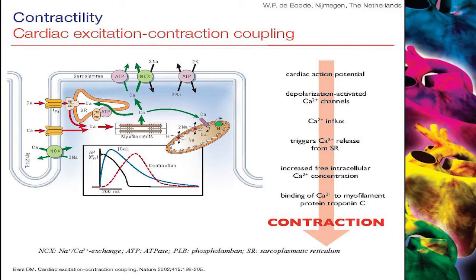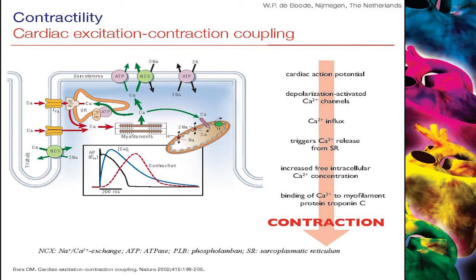It triggers the sarcoplasmic reticulum to release more calcium. It increases the free intracellular calcium in the cell, which takes care of the binding of the myofilaments and the interaction of actin and myosin, and it will result in a contraction.